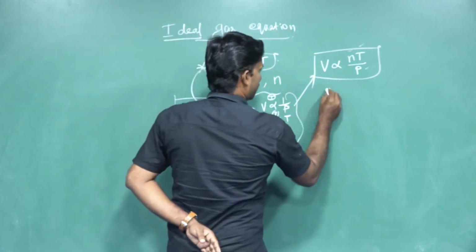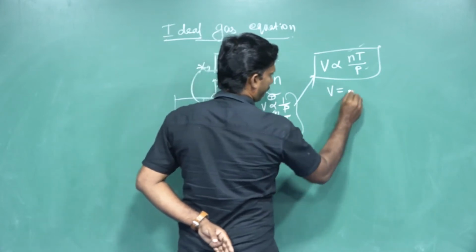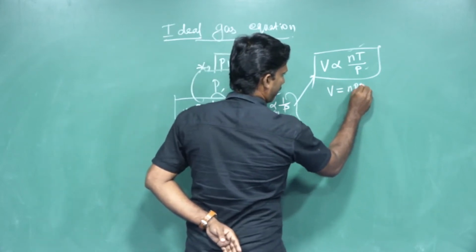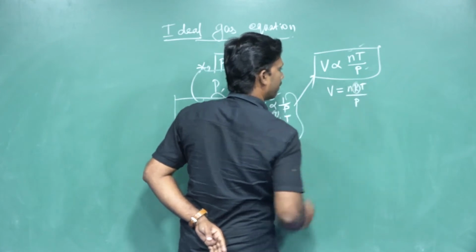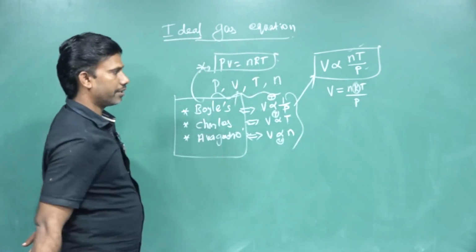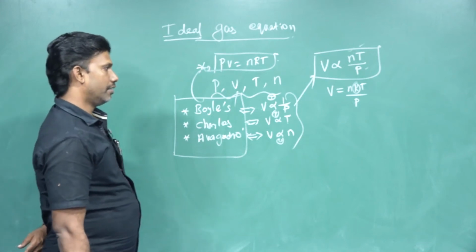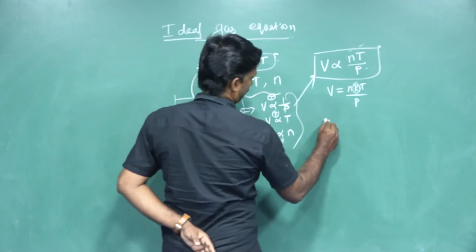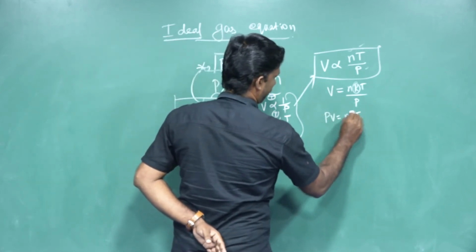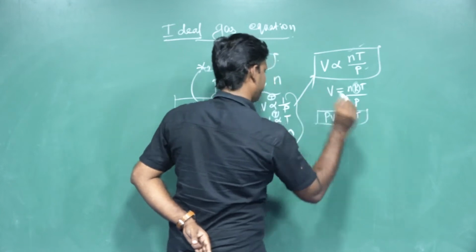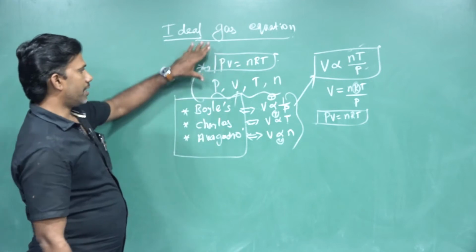The proportionality constant is R, so V equals nRT by P. R is a universal gas constant. Then by rearranging this equation, we get PV equal to nRT. Now we get the equation.